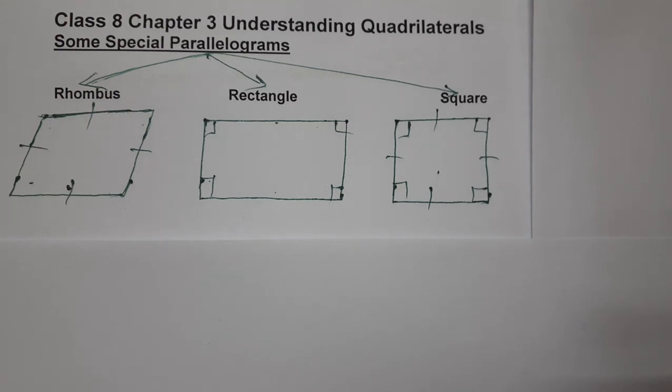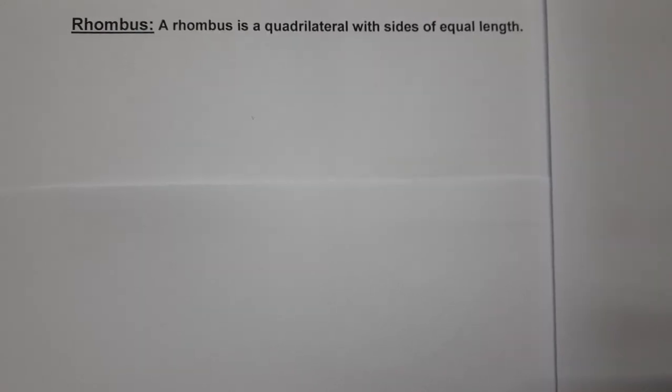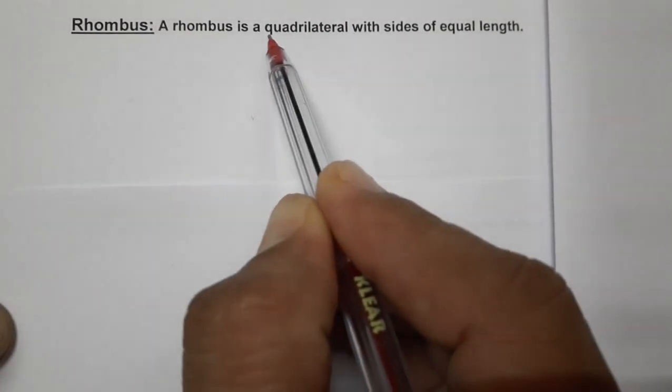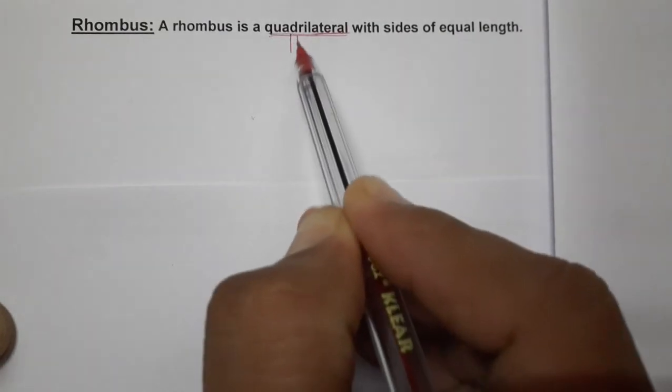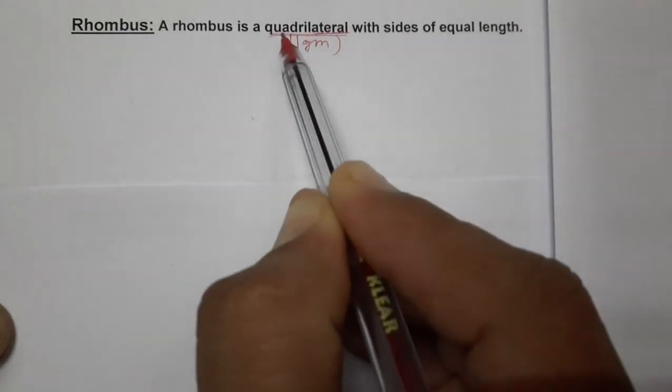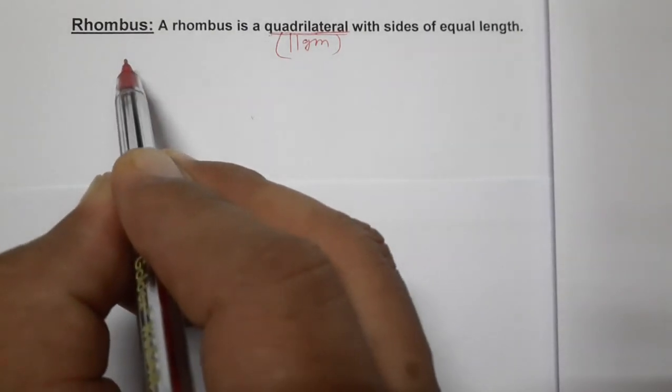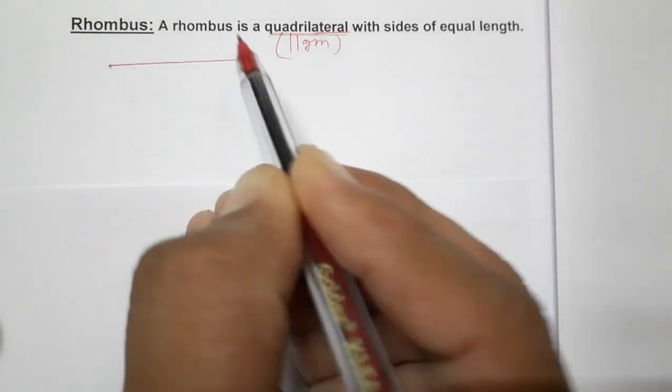First one is rhombus. A rhombus is a quadrilateral or a parallelogram with sides of equal length.